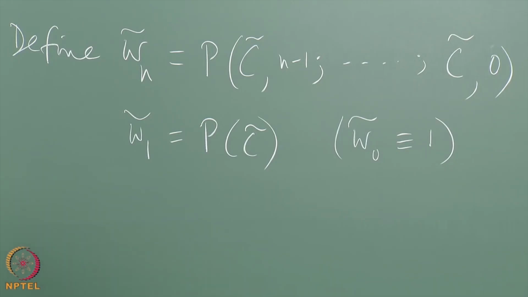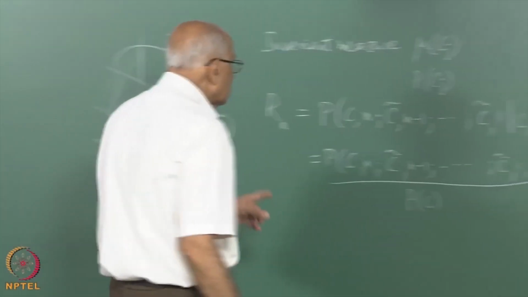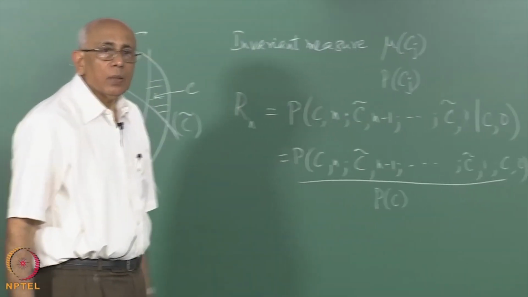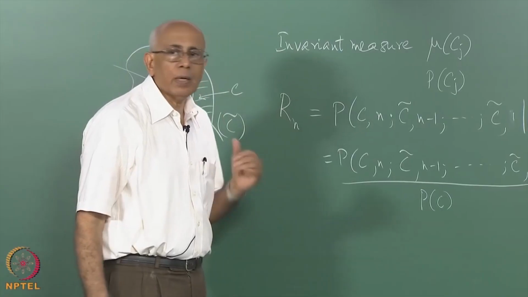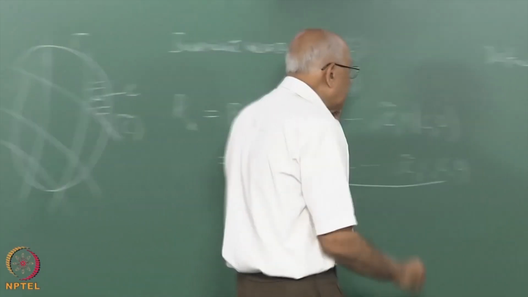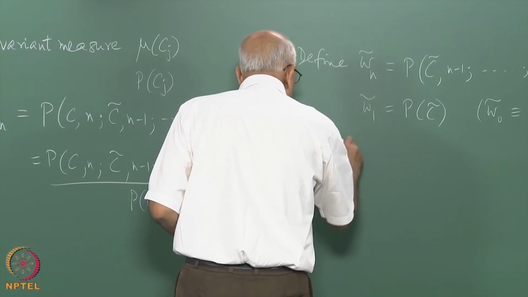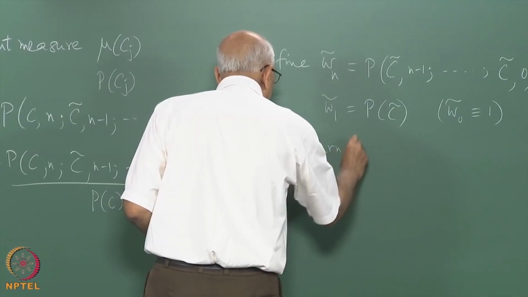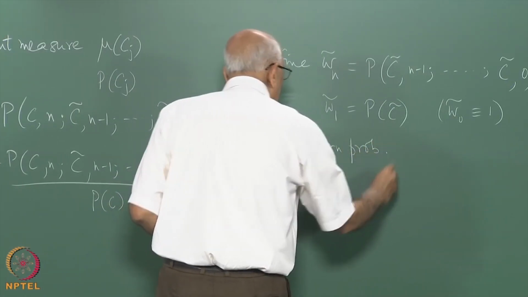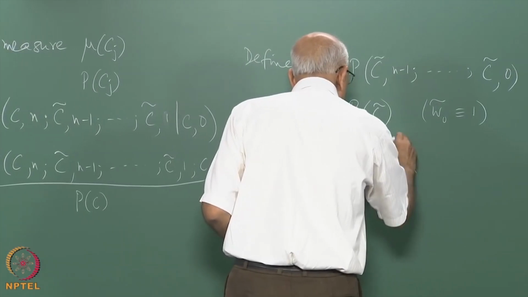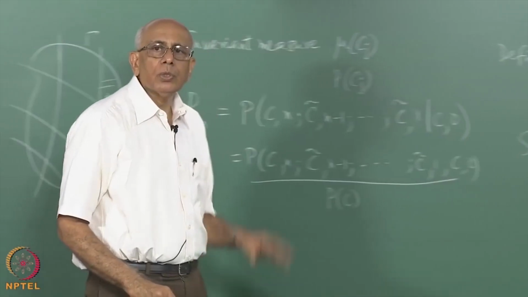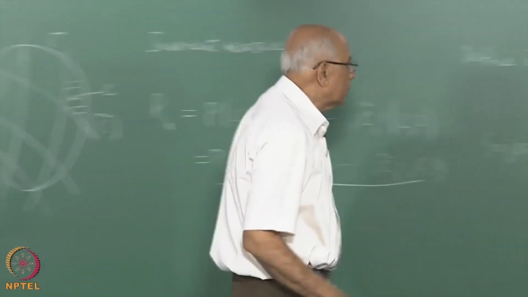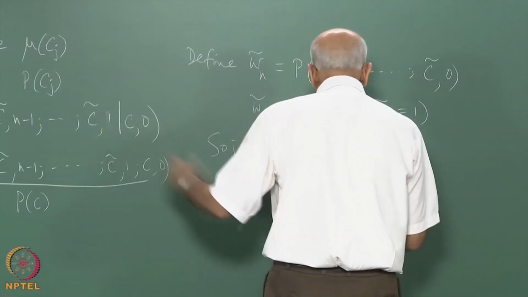Our target is this, but we could start by asking what is the probability of a sojourn in the complement for a given amount of time. So let us define the sojourn probability H sub n tilde to be a sojourn in this complement.